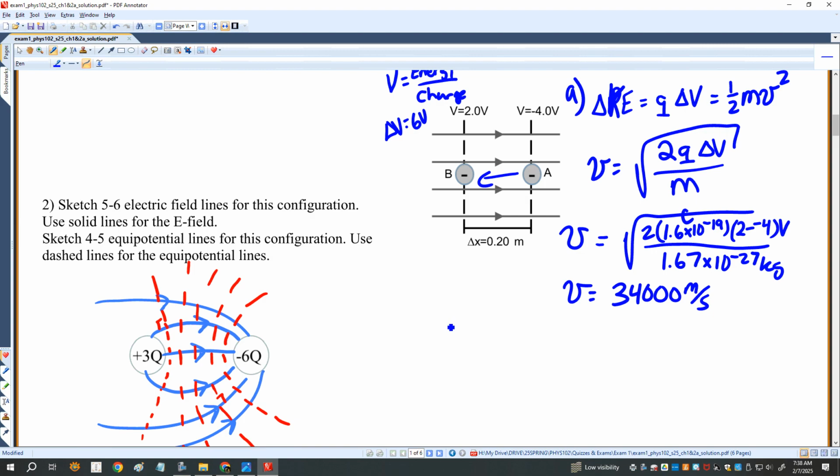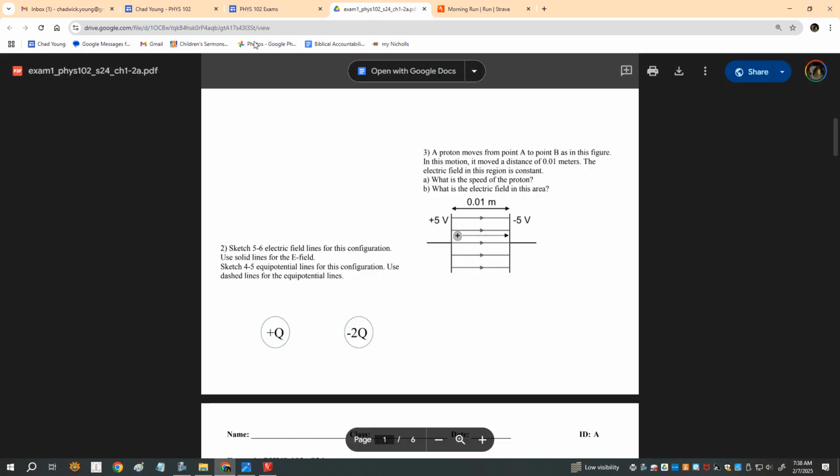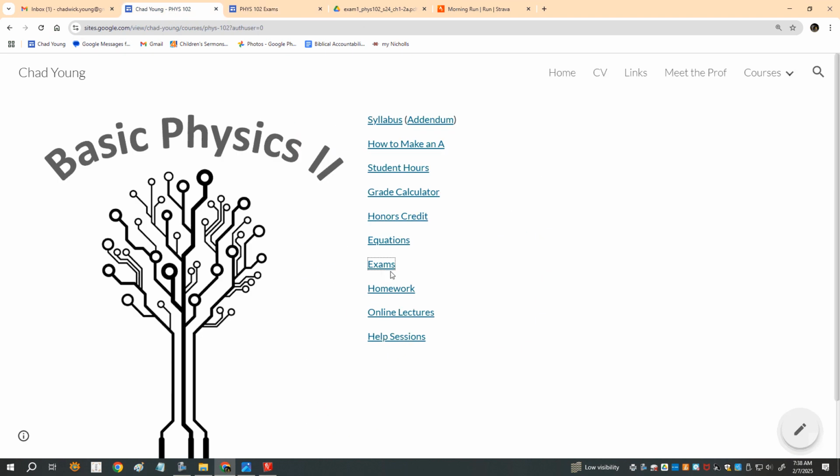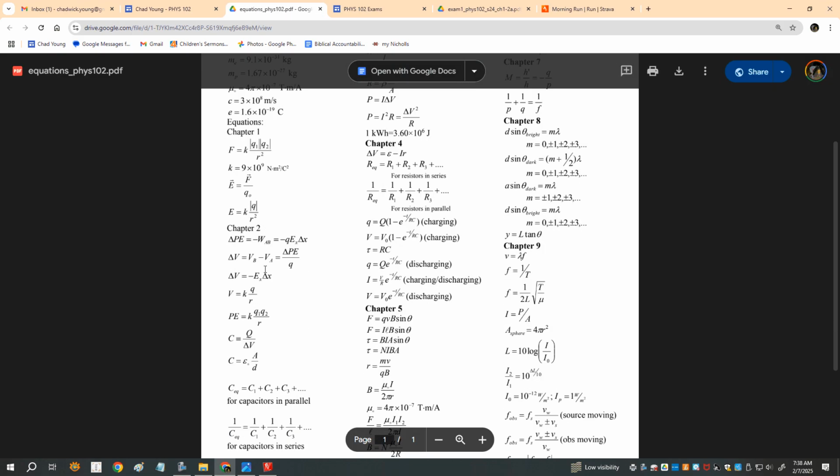And then in addition, for part B, I'm looking for the electric field. Remember that the electric field, let's go back and look at our equation sheet. So I'm looking right here.